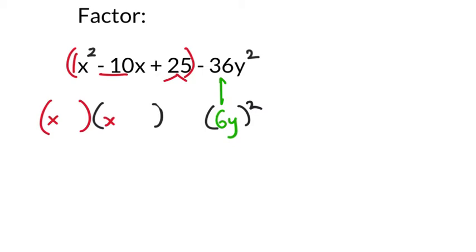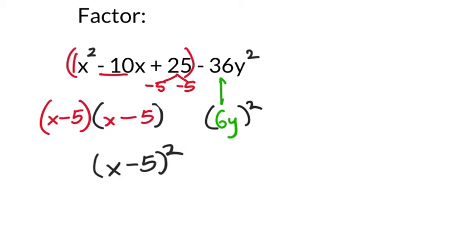Okay, well, what are the numbers that go there? Well, what two numbers that are factors of 25 add up to negative 10 here? As it turns out, it's negative 5 and negative 5. So then we'd get negative 5 there and negative 5 there. And by this time, hopefully we can see that that is actually x minus 5 squared.